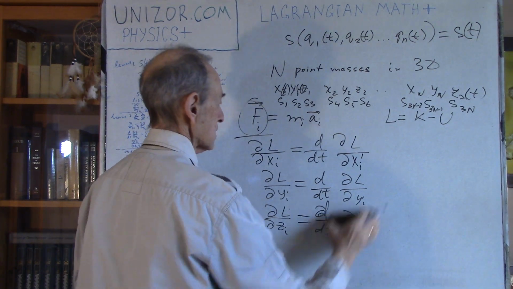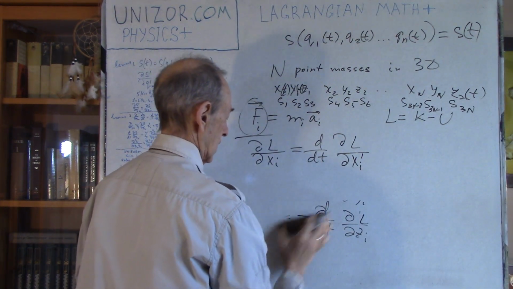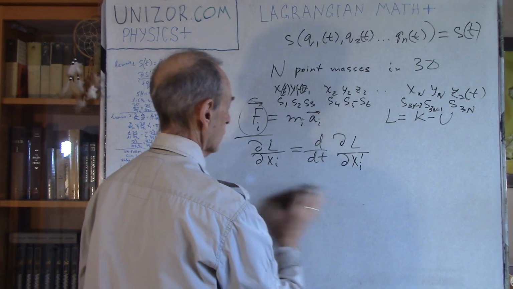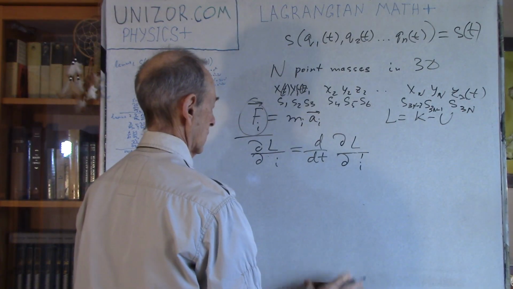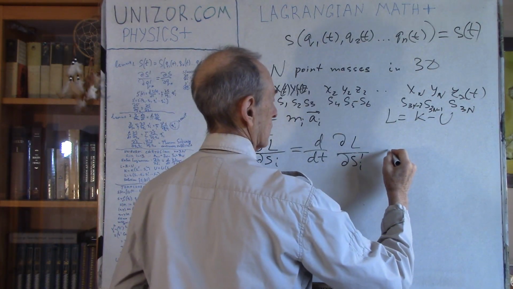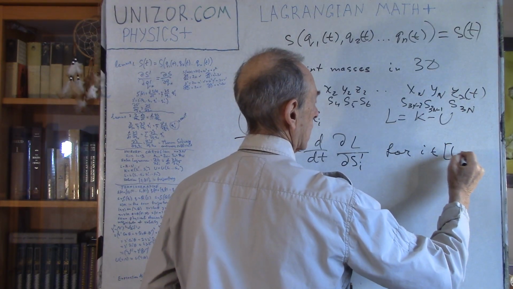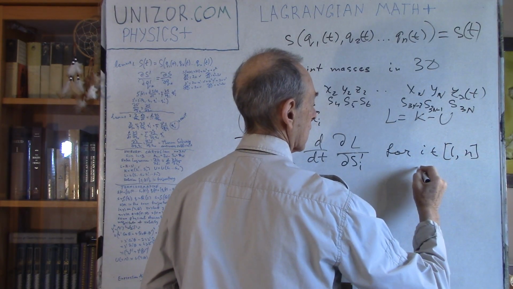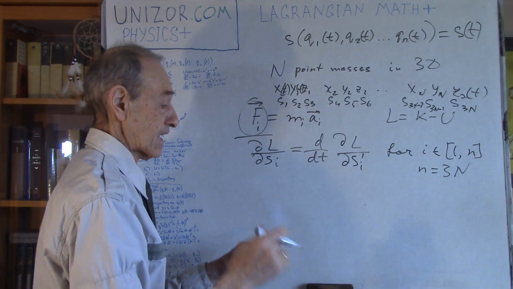In which case, instead of three equations for each i, I can write only one, for i from 1 to lowercase n, which is equal to 3 capital N. It's exactly the same thing.